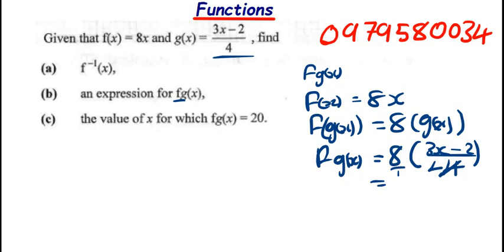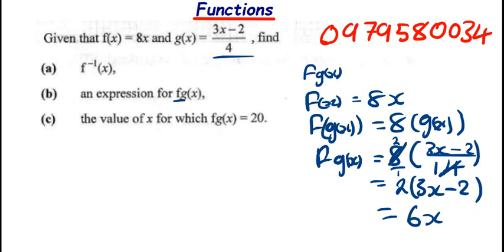So 4 into 4 is just 1, and 4 into 8 is 2. So I have 2 open bracket 3x minus 2, because 1 into 3x minus 2 is just 3x minus 2. So 2 multiplied by 3x is 6x, and 2 multiplied by negative 2 is negative 4. Therefore that is our expression for fg of x.